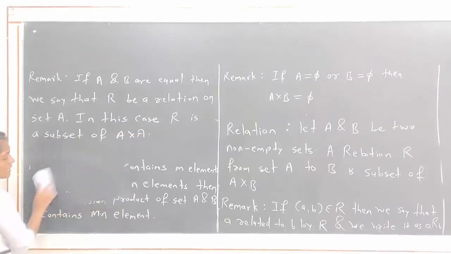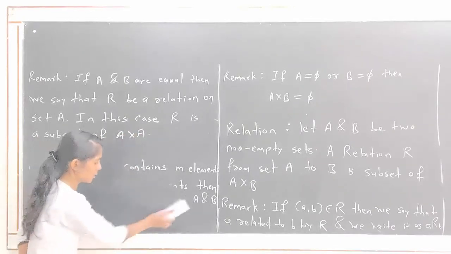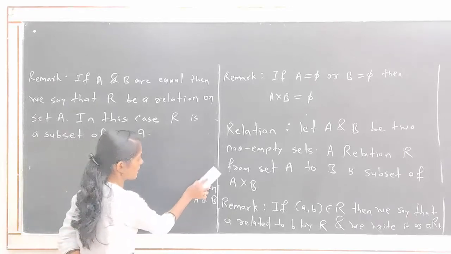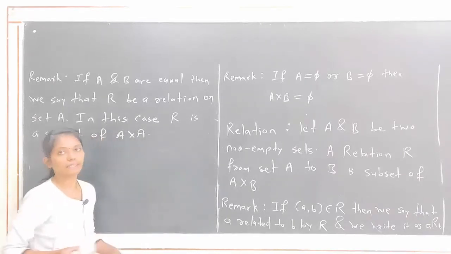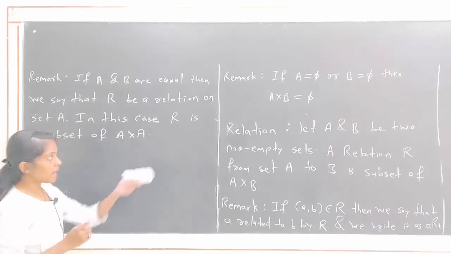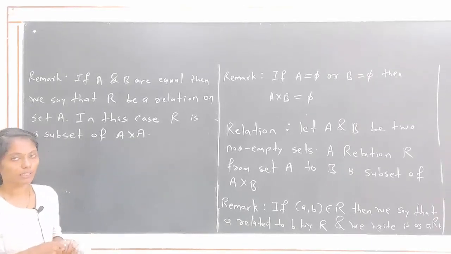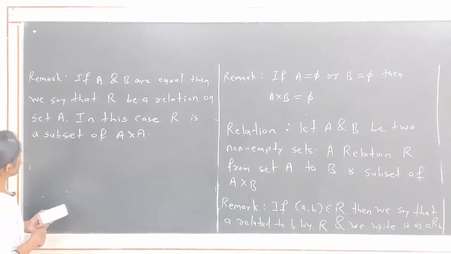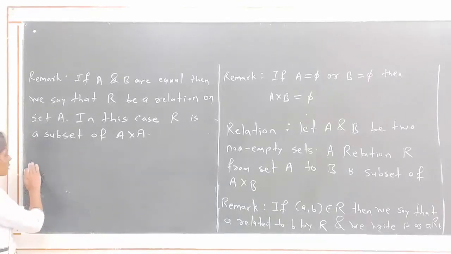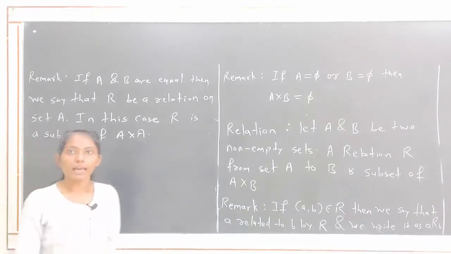So see here, A and B are equal. Then R is a relation on set A. And in this case, R is subset of Cartesian product of set A with A itself. Okay.